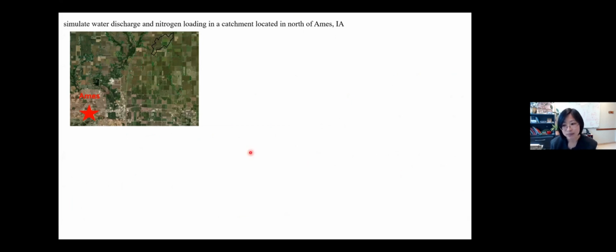Here I put one image around Ames that you must be very familiar with. In our Mississippi River Basin simulation, the spatial resolution is close to 9 kilometers by 9 kilometers. So a single grid cell is about 80 square kilometers.